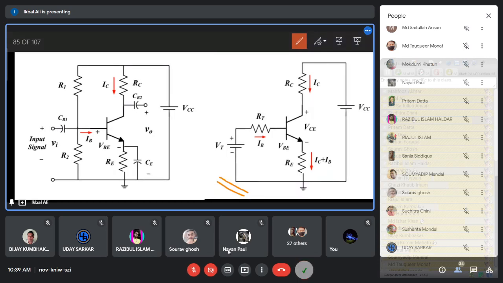This is the actual circuit. This circuit is a voltage divider biasing or the self bias circuit or the emitter bias circuit.